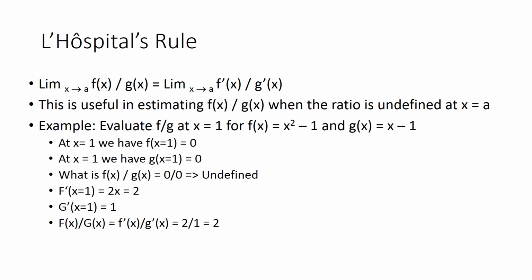Now let's find f prime, which is 2x. If you put in x equal to 1, it becomes 2, and g prime x is equal to 1. So L'Hopital's rule states that we don't need to find f(x) by g(x). It doesn't exist. So what we do is we take f prime by g prime, which is equal to 2.